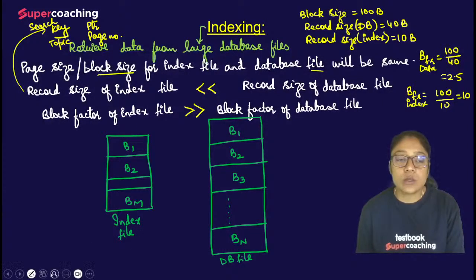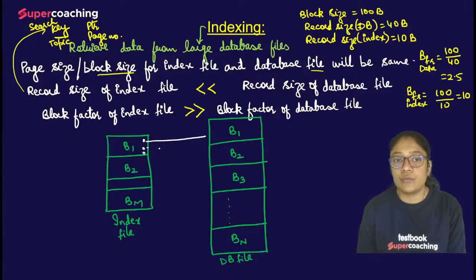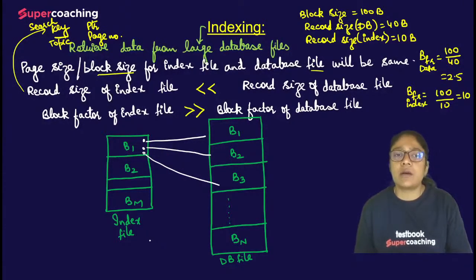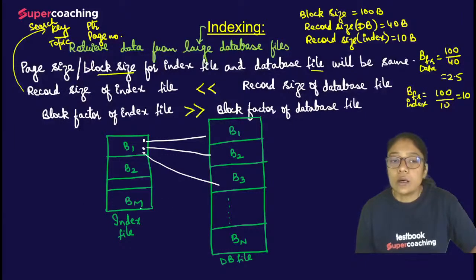Obviously the number of blocks in the index file, however many entries are here, will be having the pointers and it will be referring to the different blocks of the file, or maybe referring to the same block. Okay, we are not concerned about which record they point to. So here this m value, for example, we have 4 blocks in the index file and here we have 1200 pages.